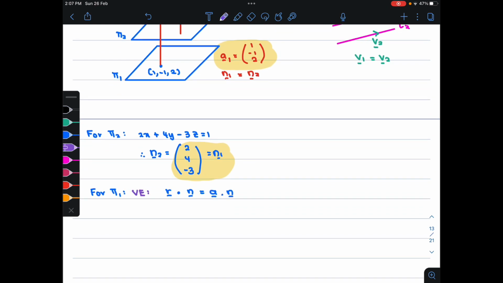The vector equation is r dot n equal to a dot n. Since this is plane 1, you're going to write 1 for r and a. Next, we're going to substitute n1 and a1.